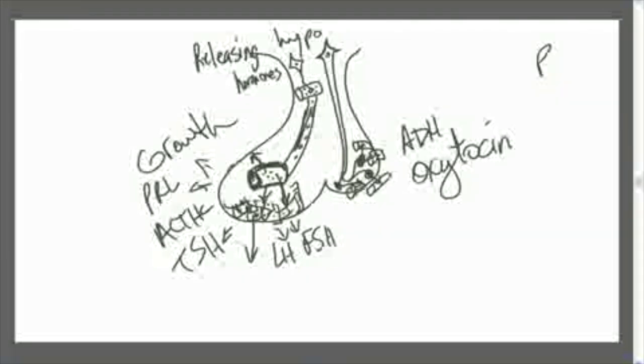Tell me, what's the purpose of the hypothalamic releasing hormones? A little more specific than that. Okay. I would say that the purpose of releasing hormones is to cause the anterior pituitary gland to release its hormones.